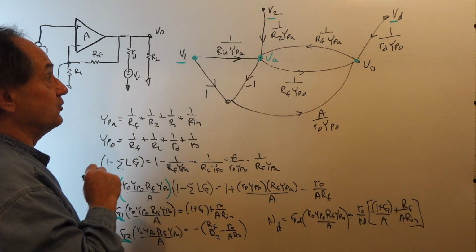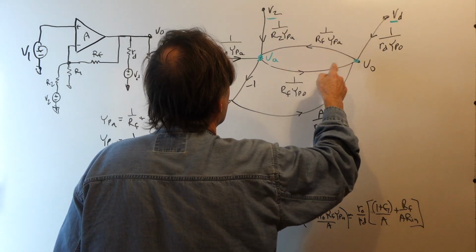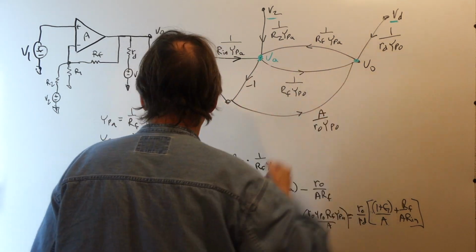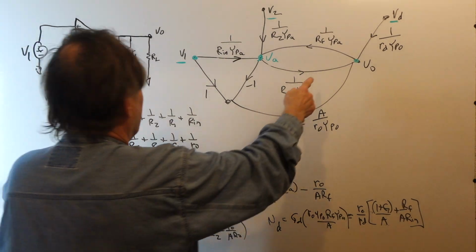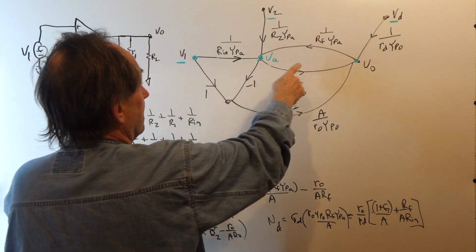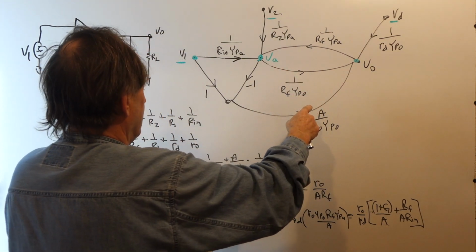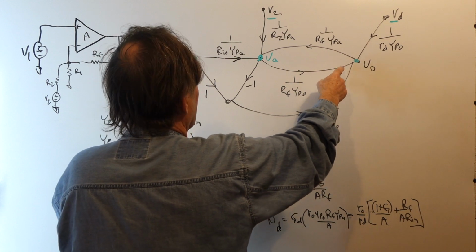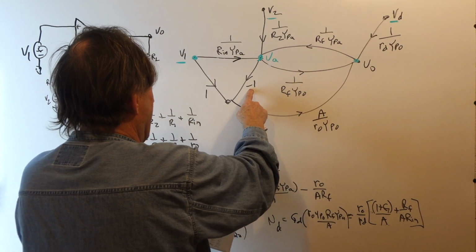There are two independent loop gains. There's one here and there's one here. So we have 1 minus this loop gain, which is RF YPA times RF YPO, and then we subtract this loop gain. Well, the loop gain is negative, so subtracting the negative adds.